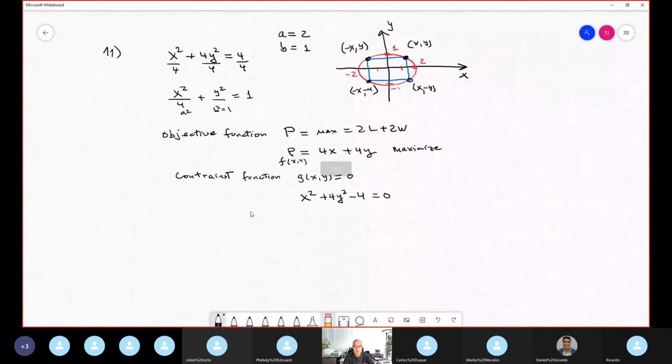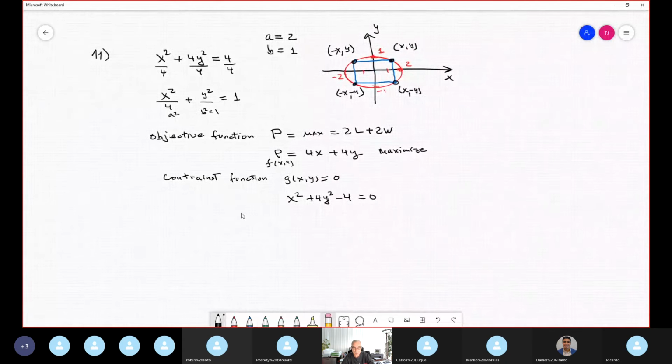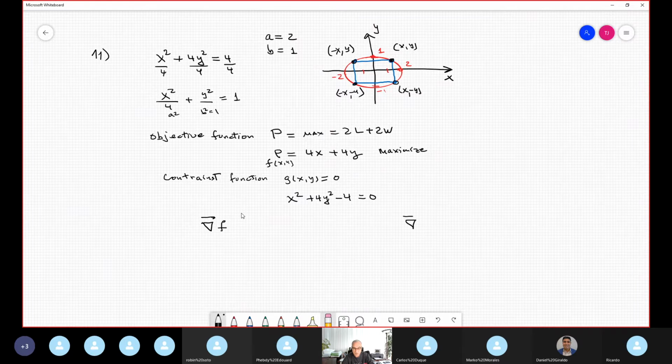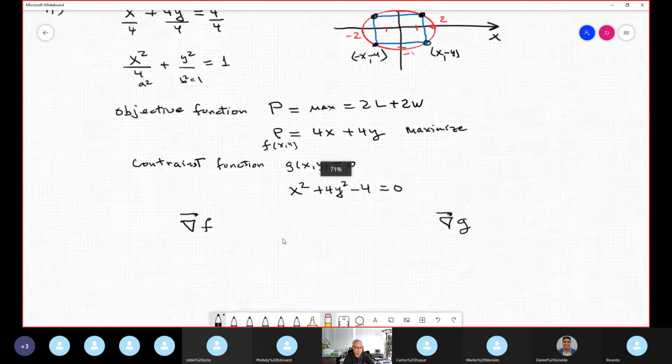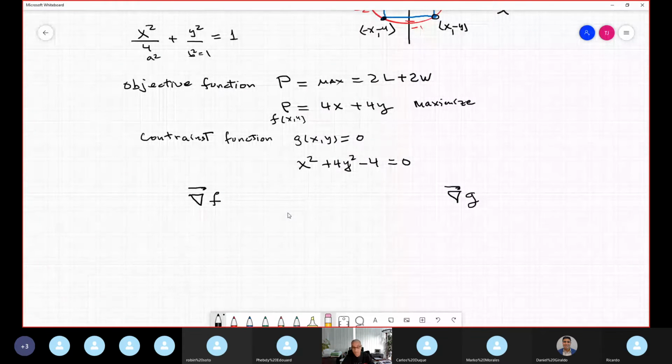Now compute the gradients. So, I know the fantastic tool that we have in our hand, Lagrange multiplier, in which you compute the gradient of the function and the gradient of the constraint, and you know that these gradients are vectors that are parallel. And parallel means that one is equal to the other times a multiplier, the Lagrange multiplier, which is lambda.